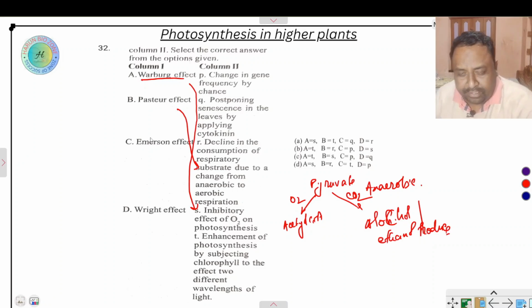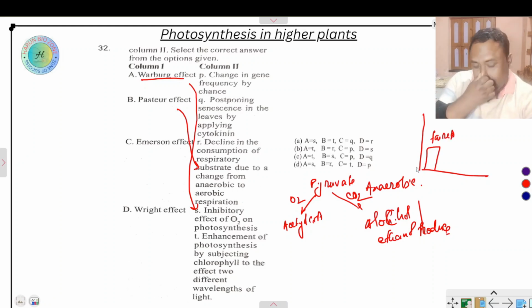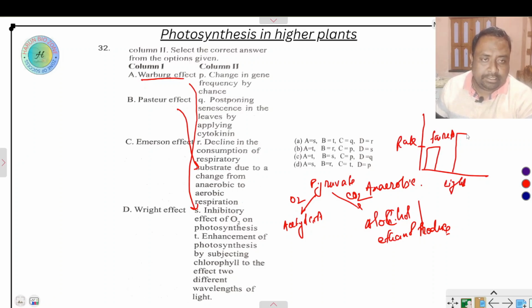Then the Emerson effect. When we use far red light, the rate of photosynthesis is this. And when we use red light, the rate of photosynthesis is this.